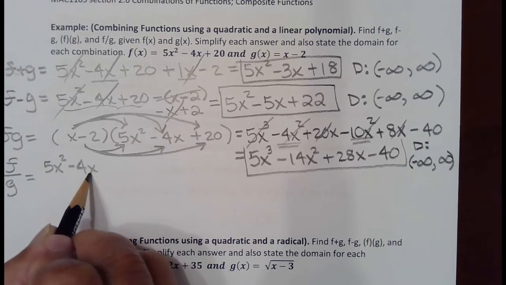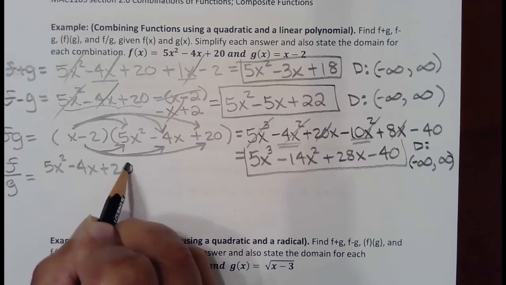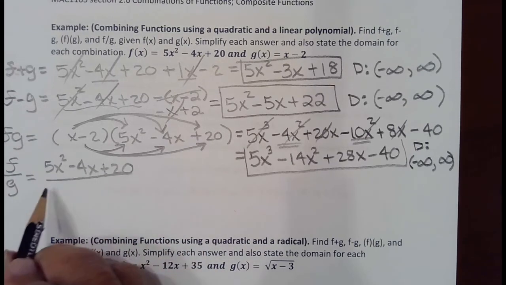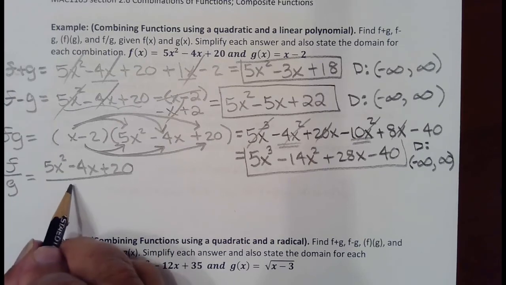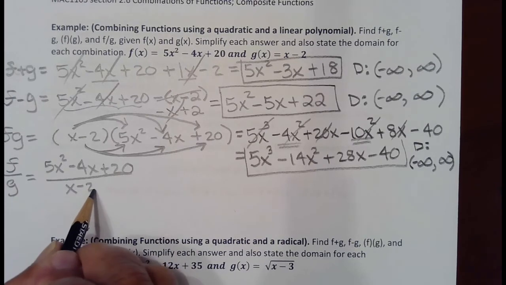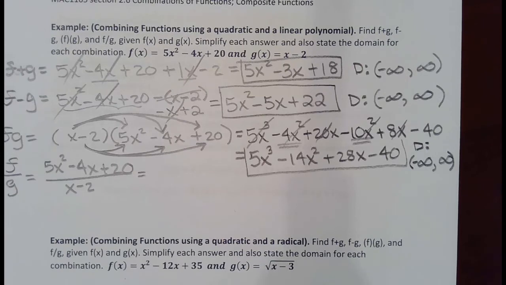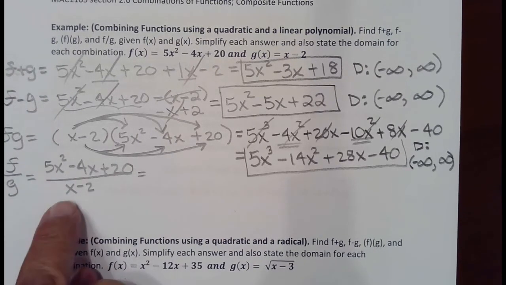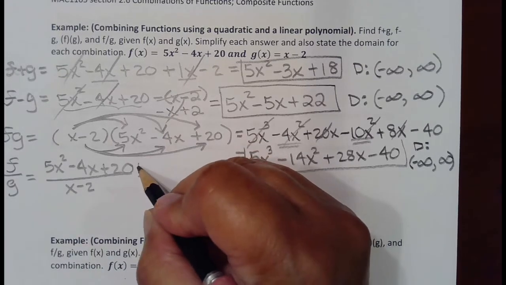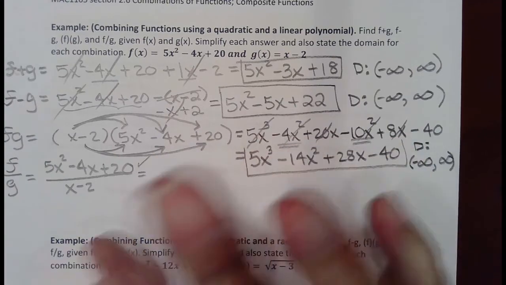And the only way you can reduce is if this top factors. But you have to be careful about that. I made a comment about this earlier in the section, that when stating the domain, you have to do the domain before reducing.